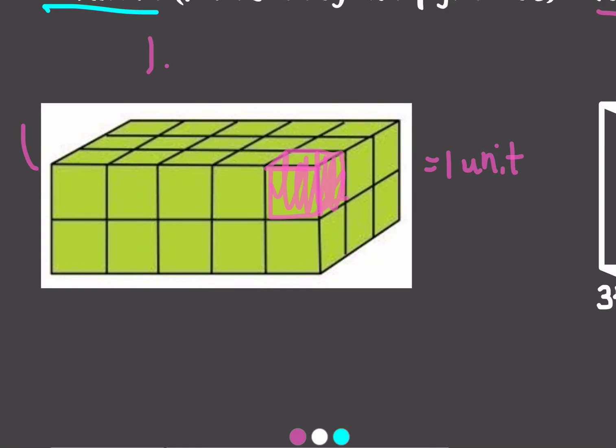So the way I tell you to do it is to figure out how many blocks long it is. It's 1, 2, 3, 4, 5 units long. Figure out how wide it is across the bottom. It's 1, 2, 3, so it's 3 units wide. And then how tall is it?